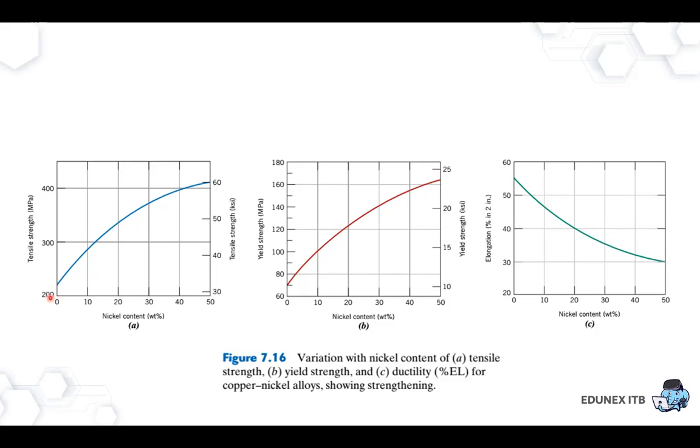Here the tensile strength is between 200 and 400, while the yield strength, of course, should be lower than tensile strength, which is around maybe 60 to 180. Okay, and the drawback would be the elongation. So the elongation will reduce from 55% to around 30% at 50% nickel content.